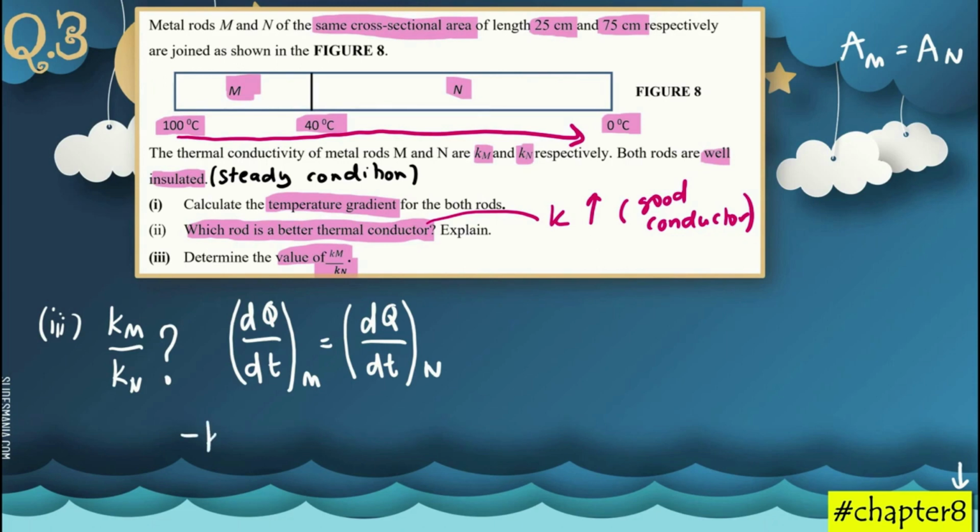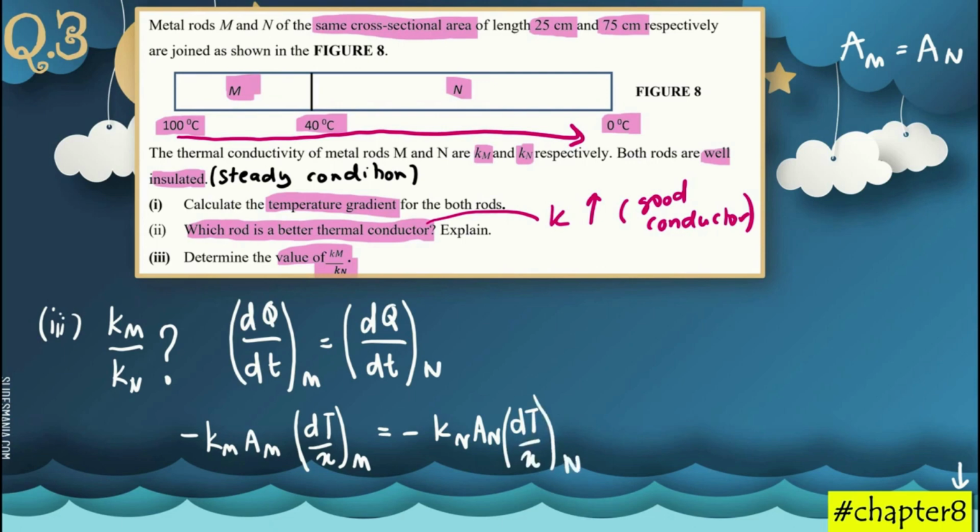So negative Km Am dT over Sm equals negative Kn An dT over Sn. From the question we know that the area is equal, so we can cancel out area. The negative can also be cancelled out. So we want to get Km over Kn.